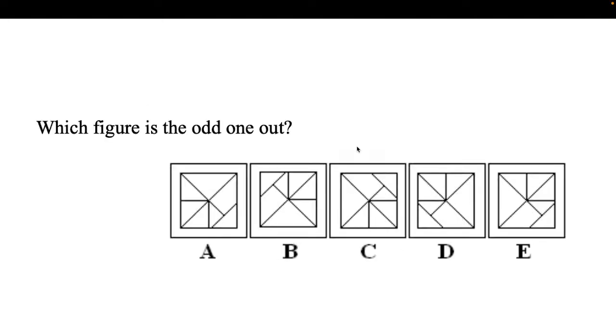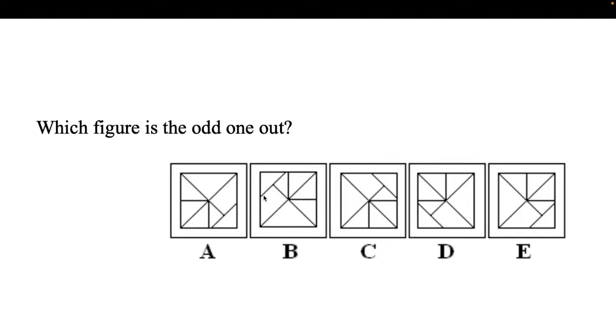So which figure is the odd one out? Right, okay, so we have a square and a triangle, and we want to see that they're all the same. The number of triangles is the same in all of them. The pattern is the same, but what we're seeing here is that the triangle is always found on the left of the square.